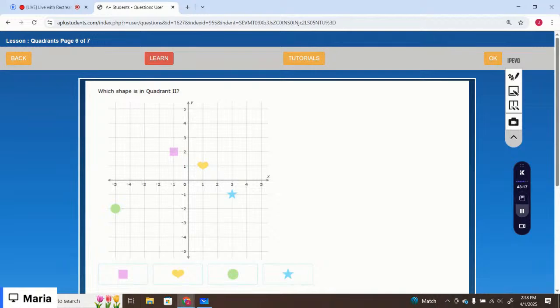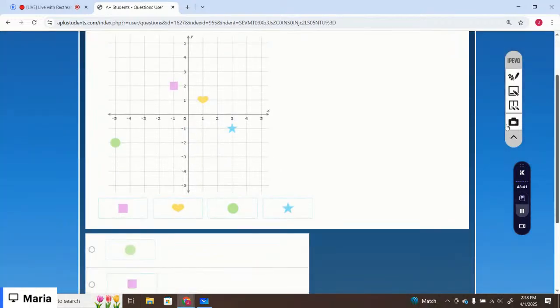What shape is in quadrant 2? That is a square.